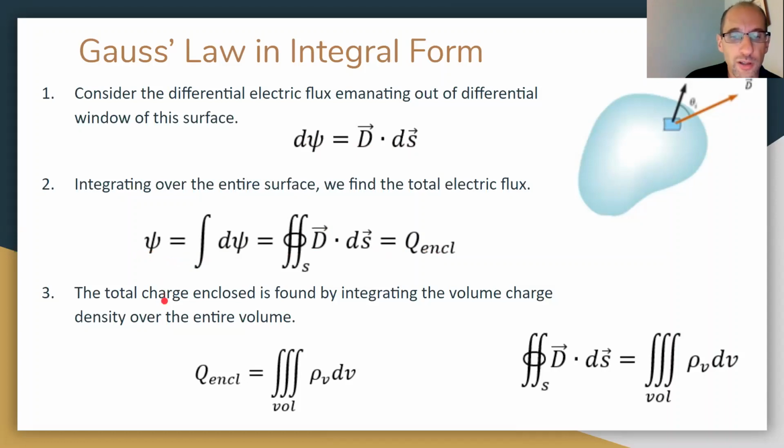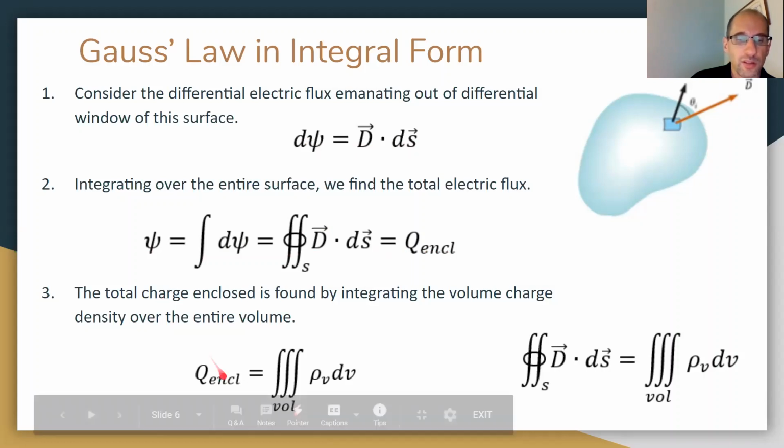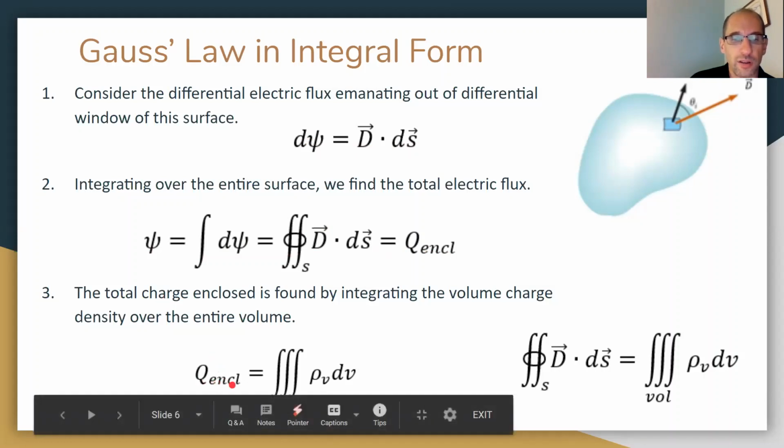The total charge enclosed is found by integrating the volume charge density over the entire volume. So the total enclosed charge is going to be the volume integral, a triple integral, of the electric charge density throughout the volume.